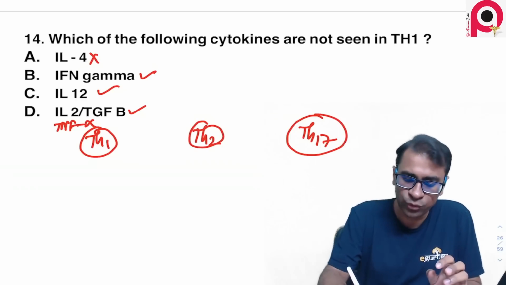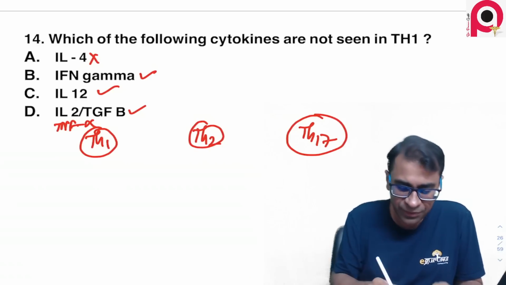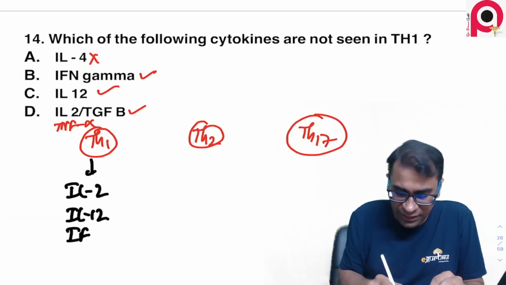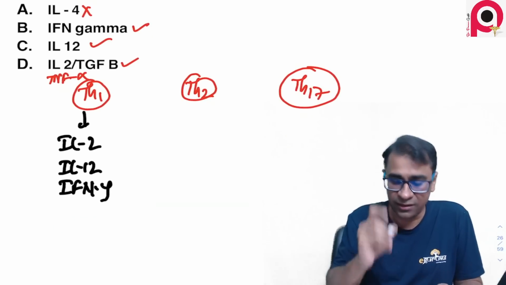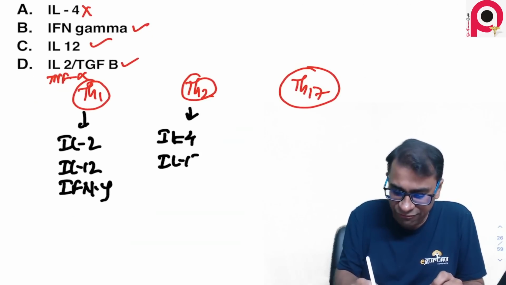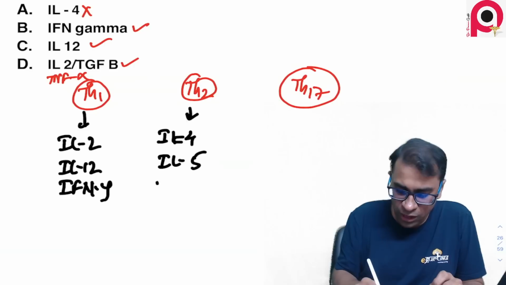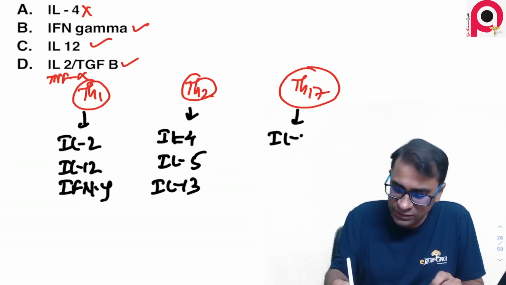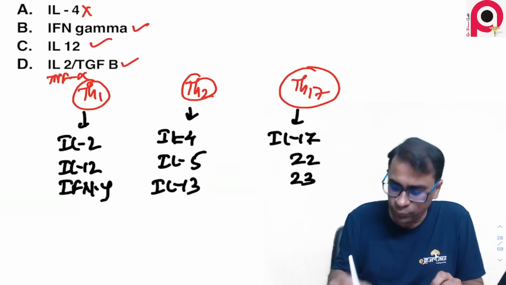Let me again remind you: TH1 will release IL-2, IL-12 and interferon gamma. Okay, remember. TH2 will release IL-4, IL-5 and IL-13. And TH17 will release IL-17, 22 and 23.